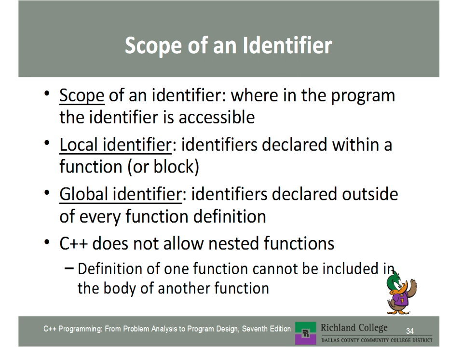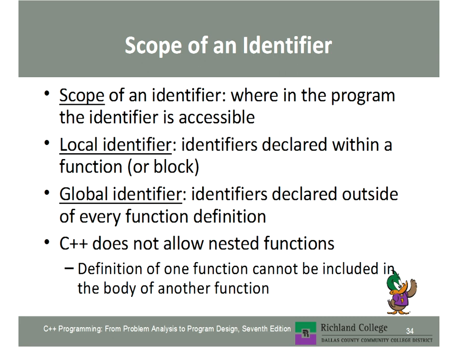So scoping of identifier: where in the program the identifier is accessible. Local identifiers are identifiers declared within a function or a block. Global identifiers are identifiers declared outside of every function. So usually you put those in front of main.